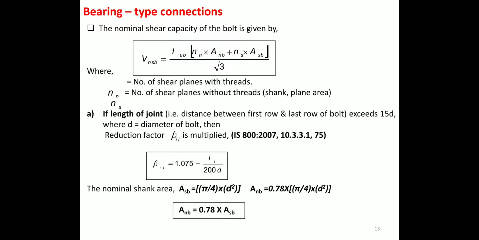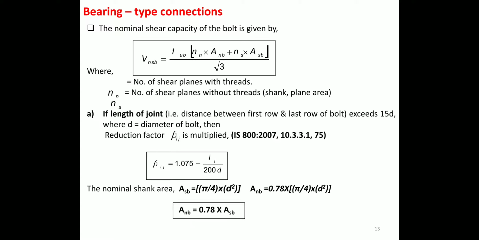The nominal shear capacity of the bolt, denoted by V_nsb, is equal to f_ub into bracket n_n into A_nb plus n_s into A_sb, whole divided by root 3, where n_n is the number of shear planes with thread, where suffix n corresponds to threaded section, and suffix s corresponds to plain section or shank area.